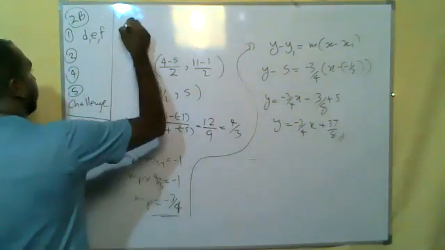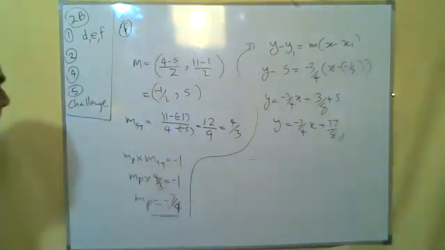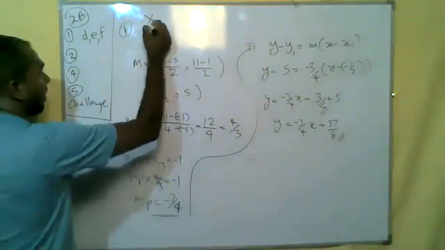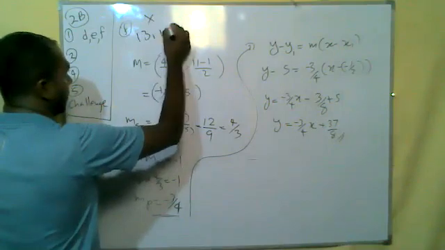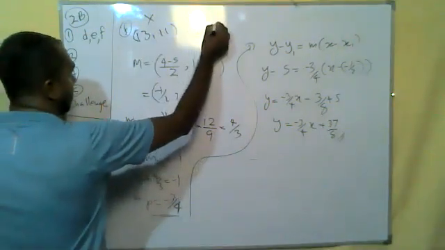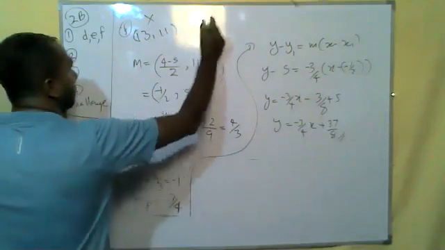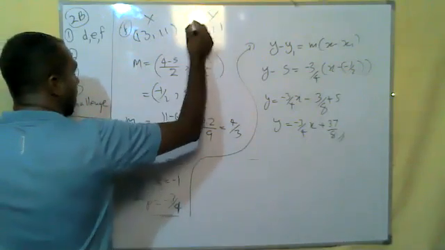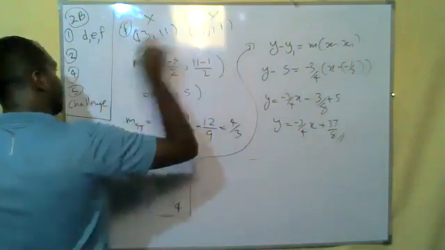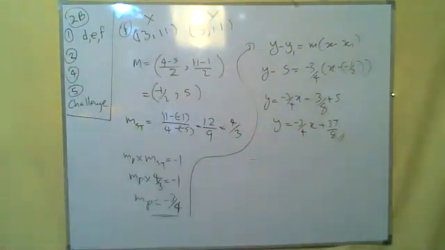What is part F? 13, 11, 5, 11. Here also, if you notice about these points, you can see some similarity, no?